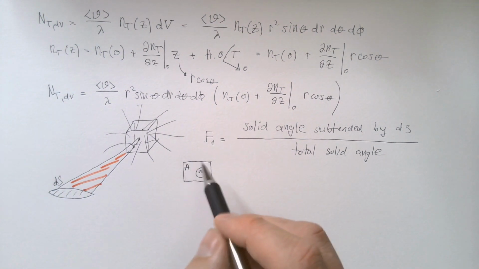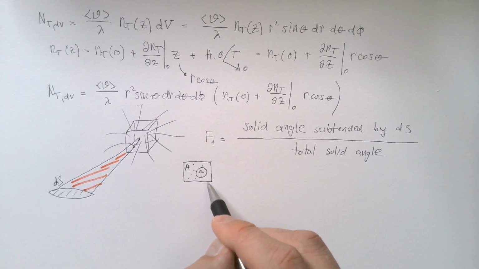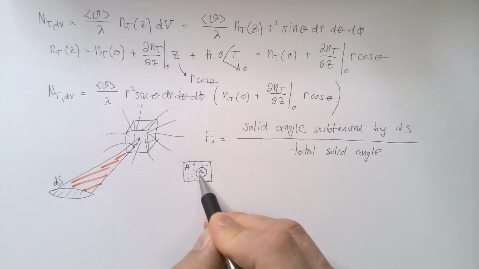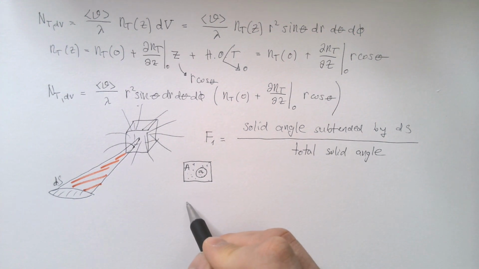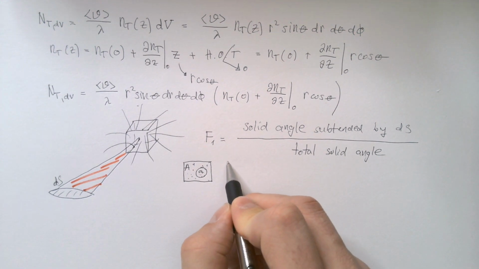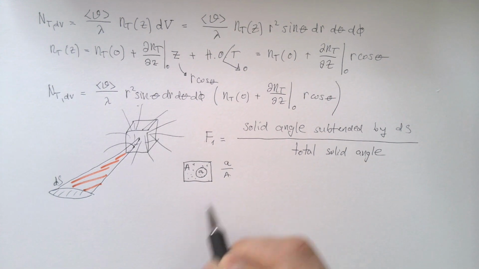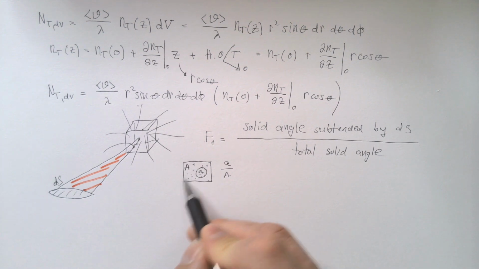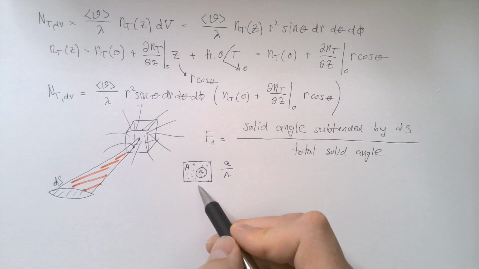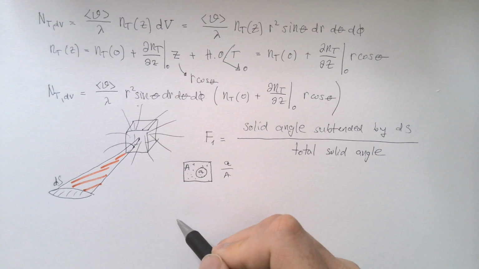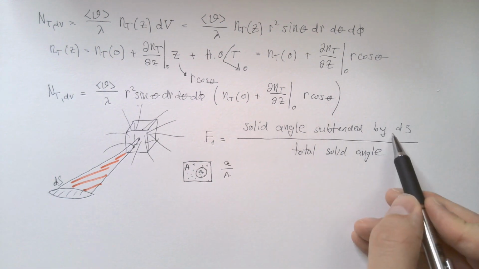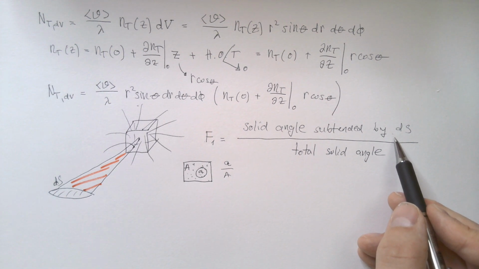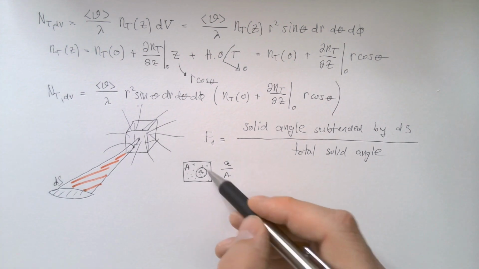And now you are throwing darts randomly. You ask yourself, what is the probability that I will hit a region inside of small a? Well, that probability is small a over large A. If small a equals large A, probability is 1, because that's logical. If small a is 0, probability is 0. Well, this is exactly the same concept, but extended to 3 dimensions, to space rather than area.